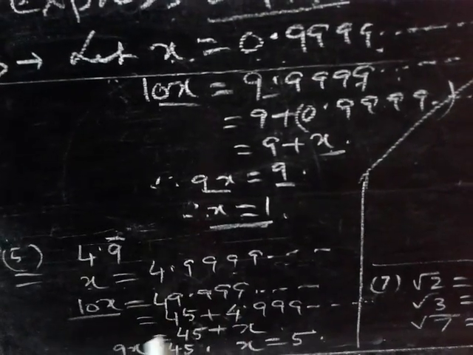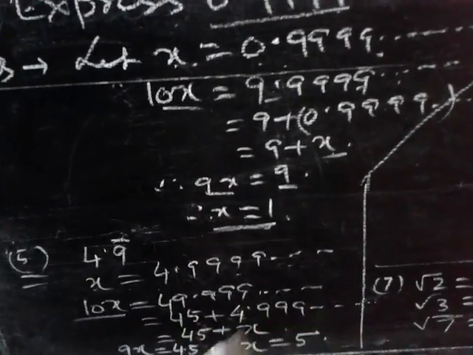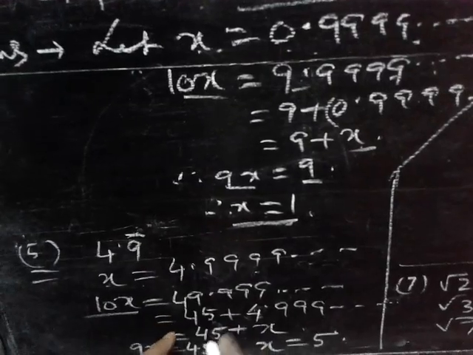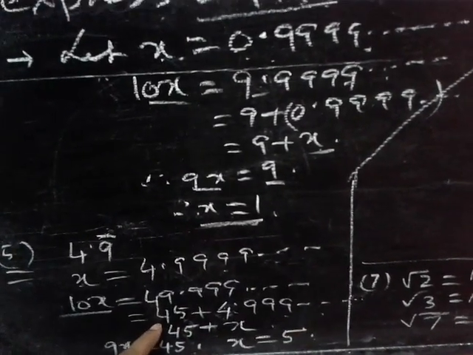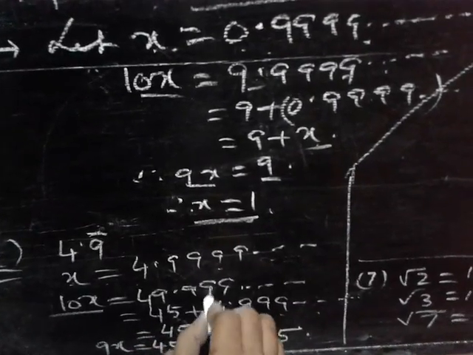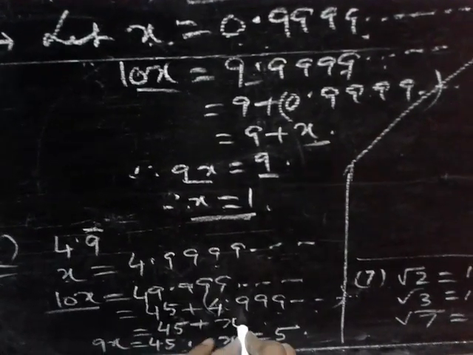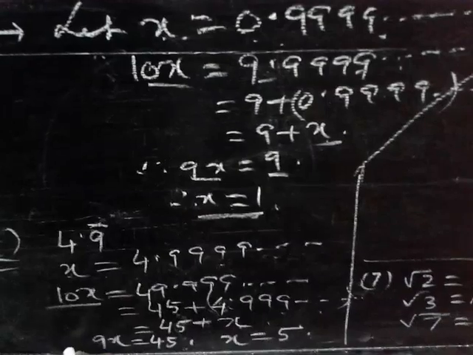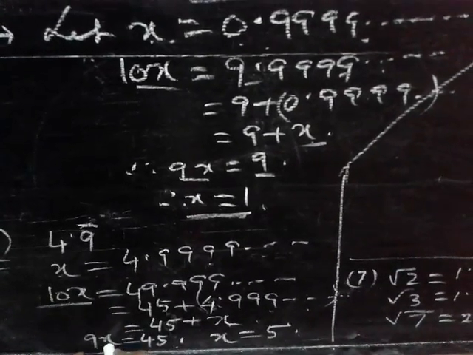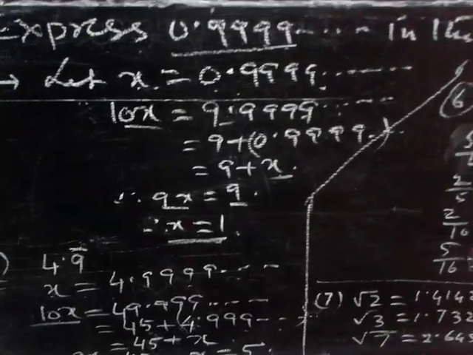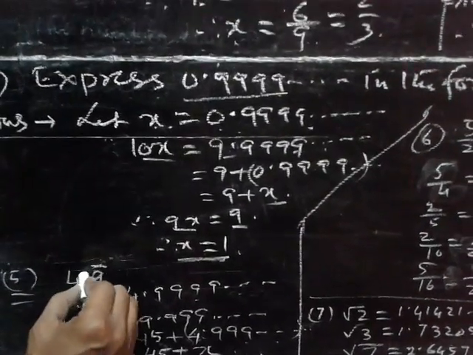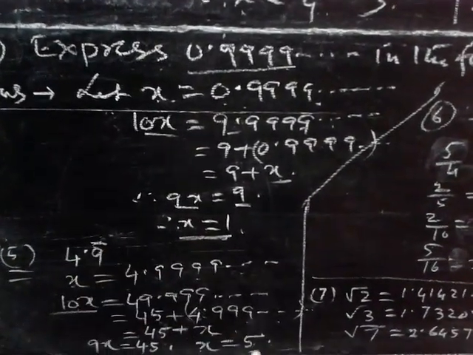Multiply this by 10, that is 49.999, and then split into 45 plus 4.999, and this is actually x once again. Put x over here, 10x minus x, 9x. 9x equal to 45, then x equals 5. See, 4.9 recurring is also equivalent to 5.